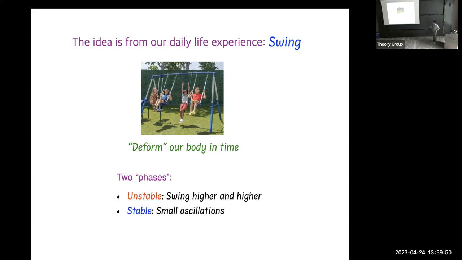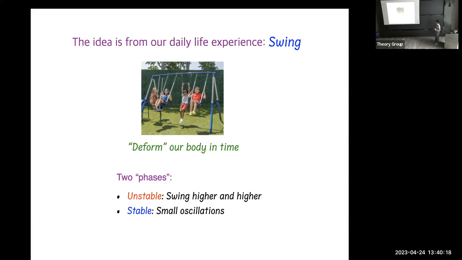I call it stable and unstable. Unstable means when you do the swing, you can swing higher and higher. Your energy grows in time. We are absorbing energy, so it's not stable. For the stable phase, I mean, if we don't play very well, we simply oscillate in some very small amplitude. The energy doesn't grow in time.